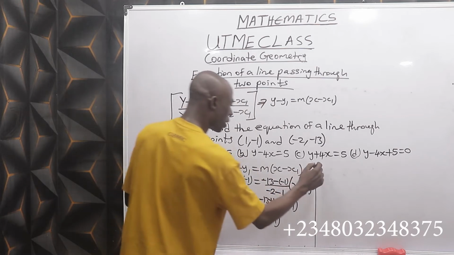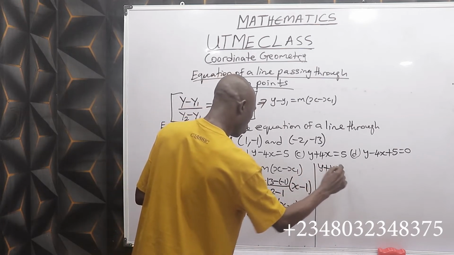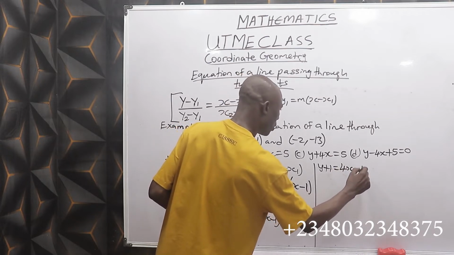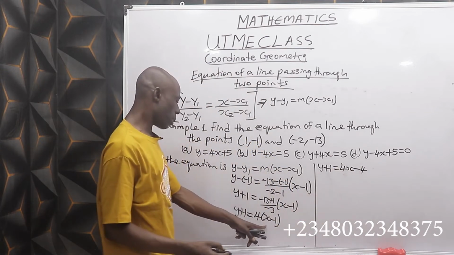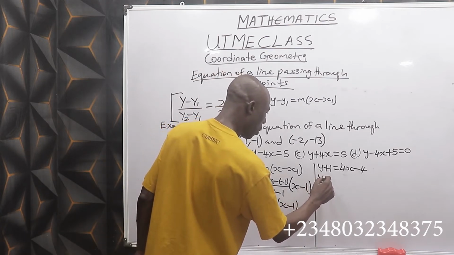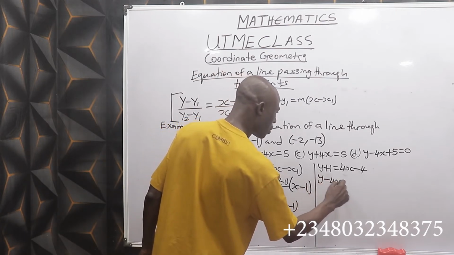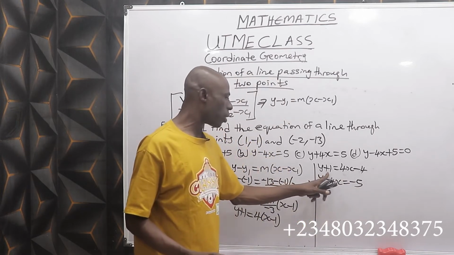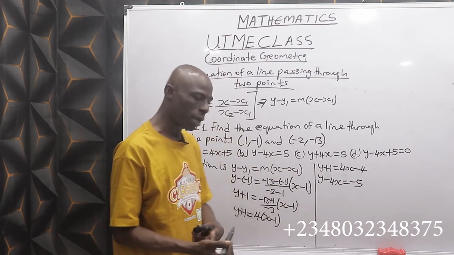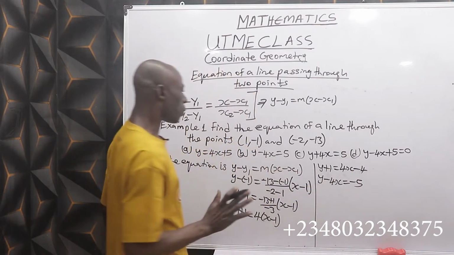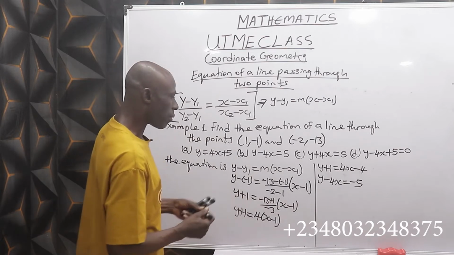You now make it y plus 1 equals, open this bracket, 4x minus 4. Restructure as y minus 4x equals minus 5. This positive 1, when you take it to the other side, becomes negative 1. Negative 4, negative 1, that's negative 5. That is the equation, but it might be presented differently.